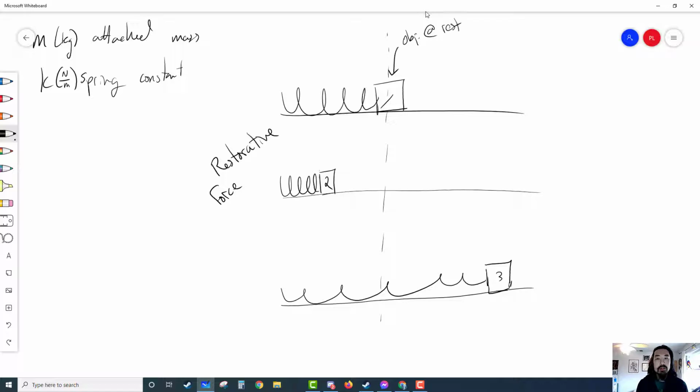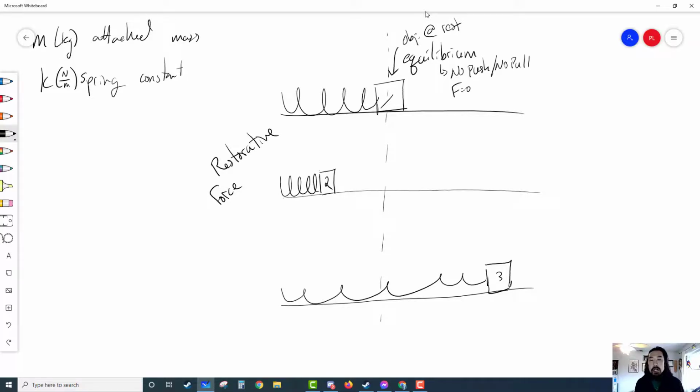So if there's no motion, this block wants to be at that location, and we have a special word for that. We call it equilibrium. Okay, equilibrium is a place where there is no push or no pull. And that's important because a push or pull for us is a force. And so at equilibrium, your F is 0. Okay, that's a very big main idea.